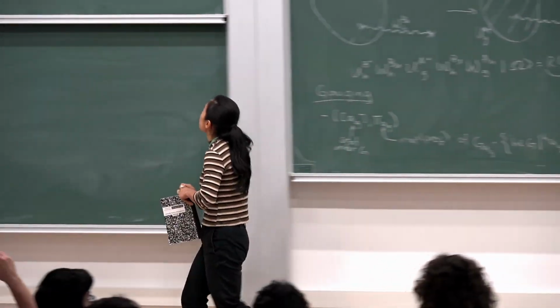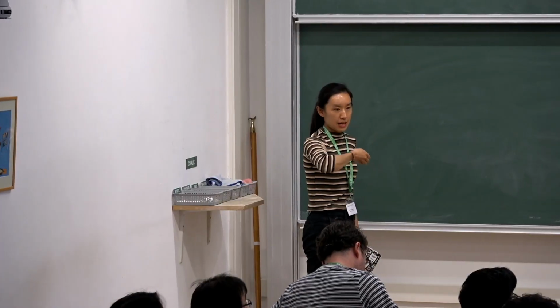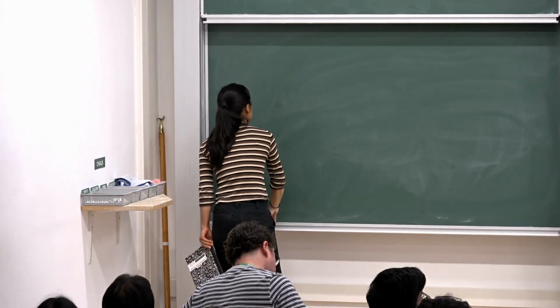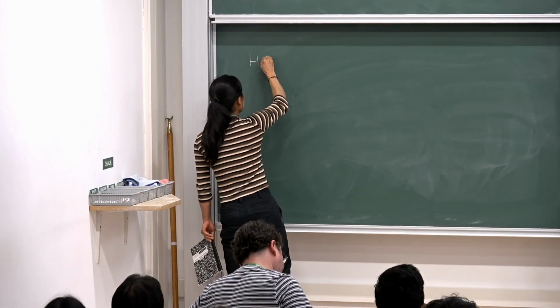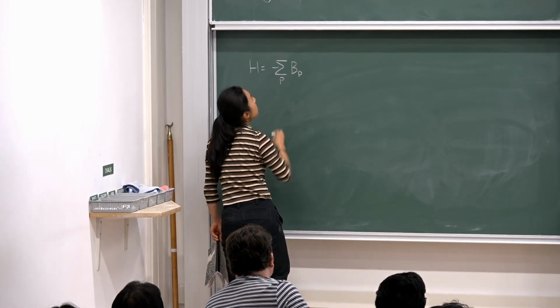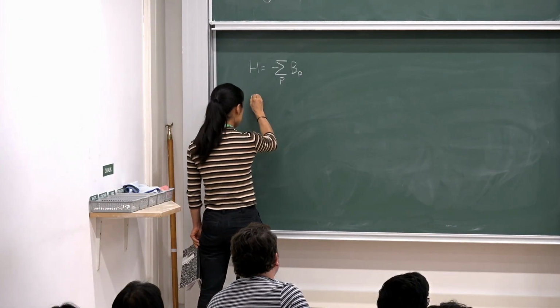Okay. So using our Gauss law, we can replace the X by a product of mu x's around a vertex. So we're going to have H, where this BP is this operator here.